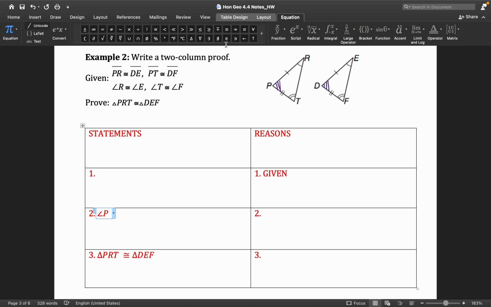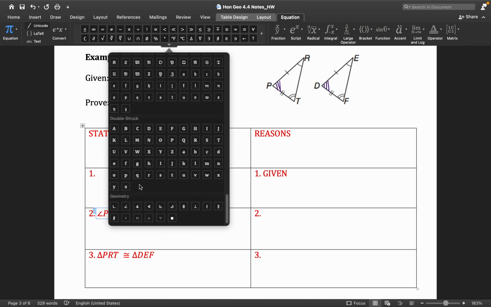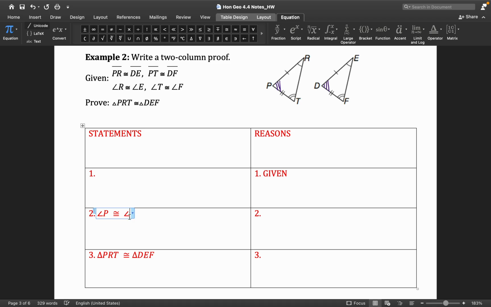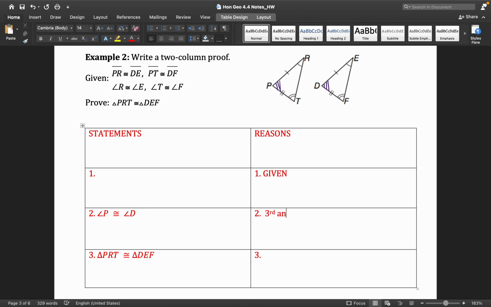So angle P must be congruent to angle D because I already had two pairs of angles that were congruent. So by the third angles theorem, I should be able to get angle P and angle D.